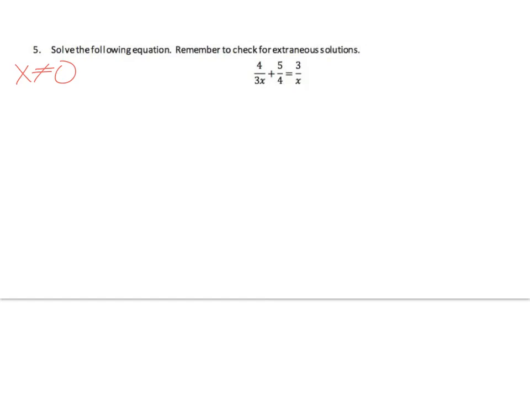Okay, what is our common denominator? It looks like I need a 3, a 4, and an x. So you can either write 3, 4, and x, or you can write 12x. Doesn't matter to me, whatever works best for you. If we look at the first expression, I already have a 3x, so I need a 4. 4 times 4 is 16.